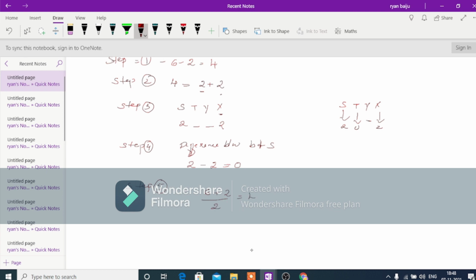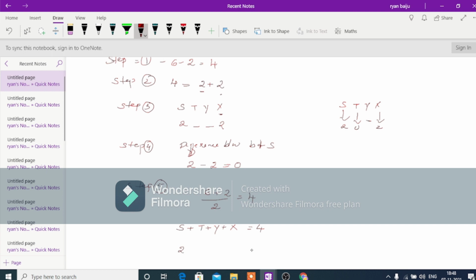Here the average of B and H is 4. Next, S plus T plus Y plus X is equal to 4, because the sum of the styx numbers is always the average of the total number of H and B.